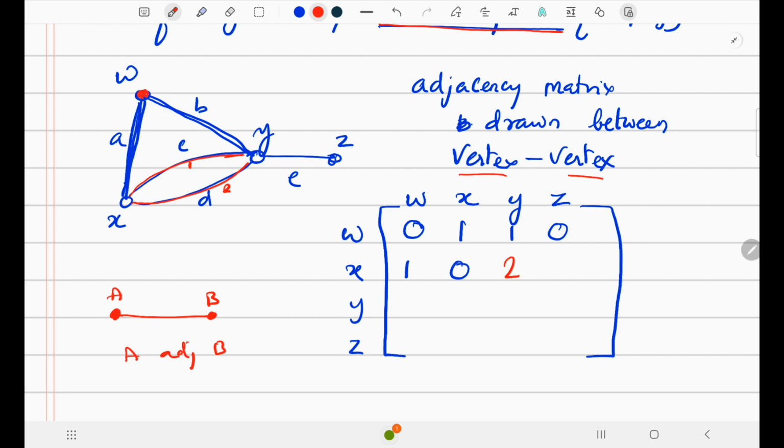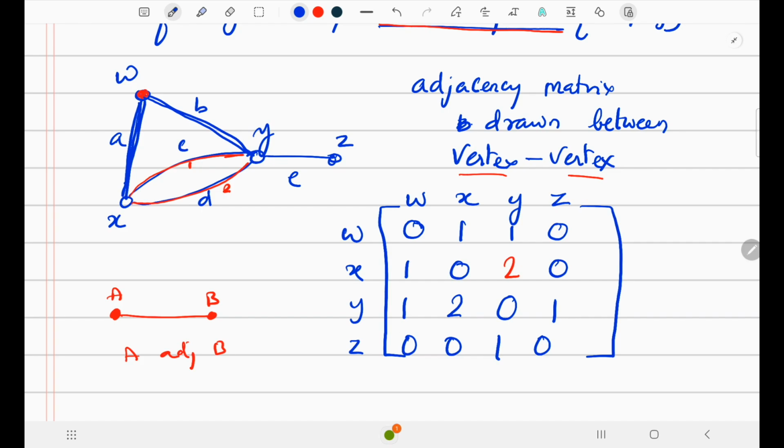So 2, meaning there exist two direct links between X and Y. And then 0, there's no link between X and Z. And for Y and W, we have 1, and we have a 2 again for Y and X, where two direct links, that is two edges, exist. So 0, 1, likewise we need to find the rest.